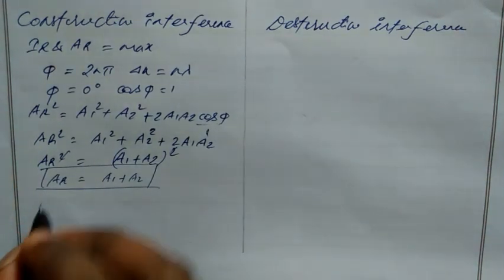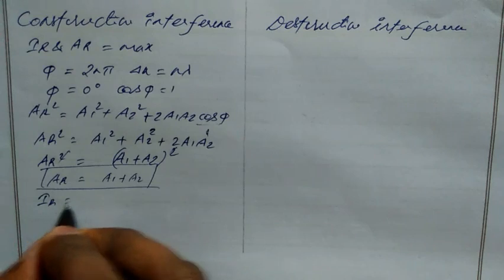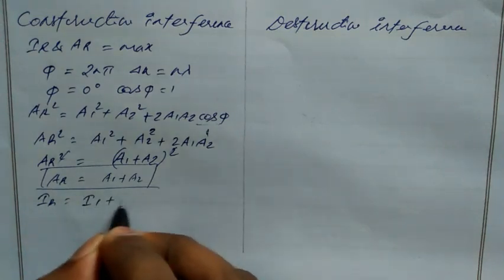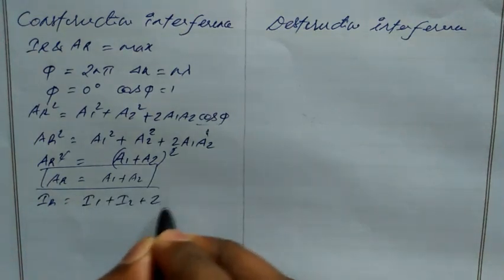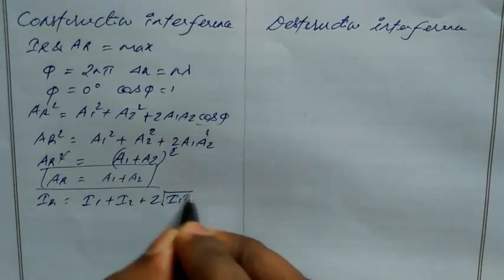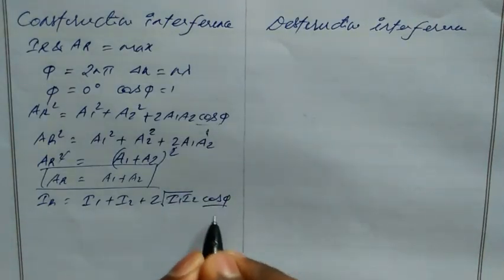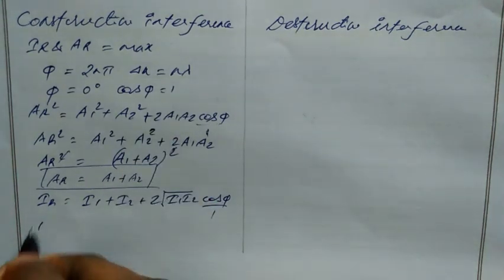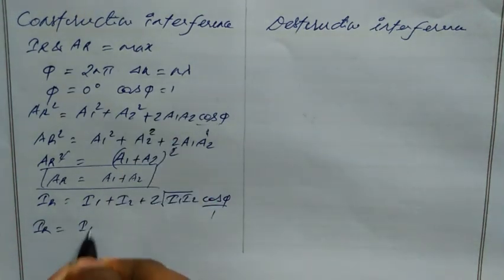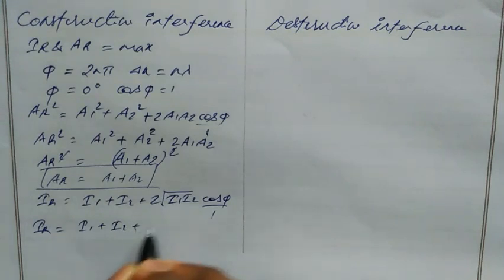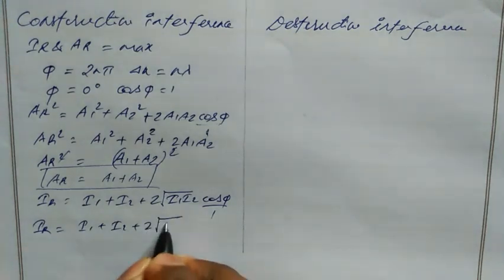What is the resultant intensity? IR equal to I1 plus I2 plus 2 root I1 I2 cos phi. The value of cos phi for maximum is 1. So we have IR equal to I1 plus I2 plus 2 root I1 I2.